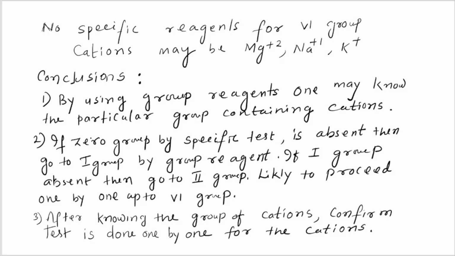If not, proceed to the fifth group, where ammonium carbonate is the main group reagent, and you add ammonium chloride and ammonium hydroxide also. Remember, the fifth group only gives a white precipitate. If absent, then proceed to the sixth group. And after that, we will see the confirmatory tests one by one.